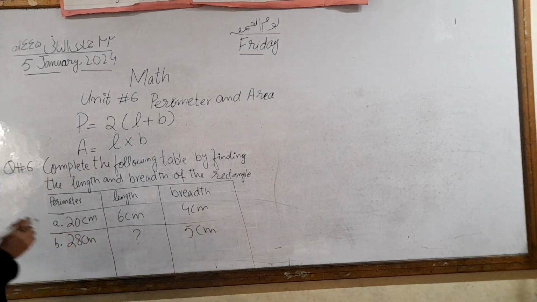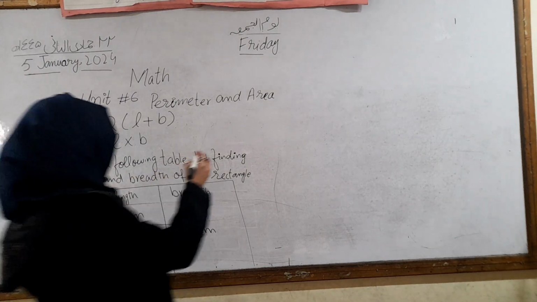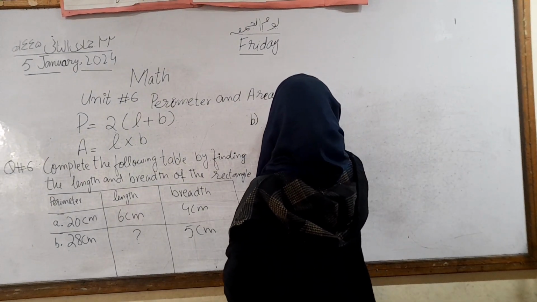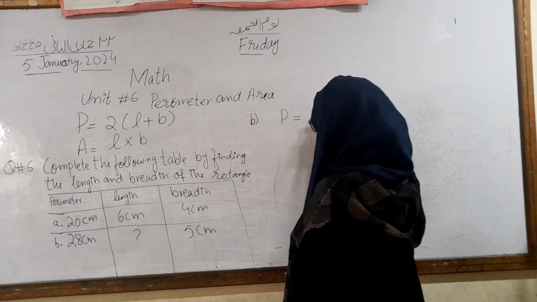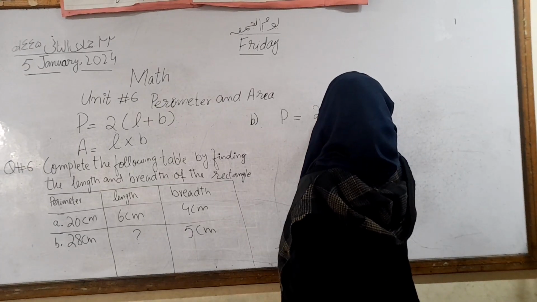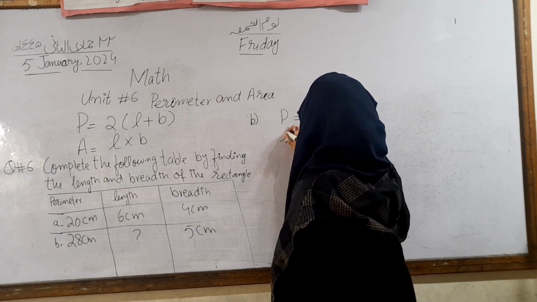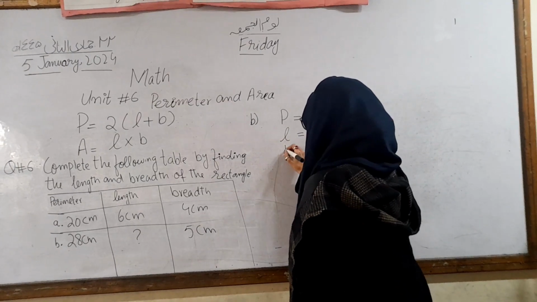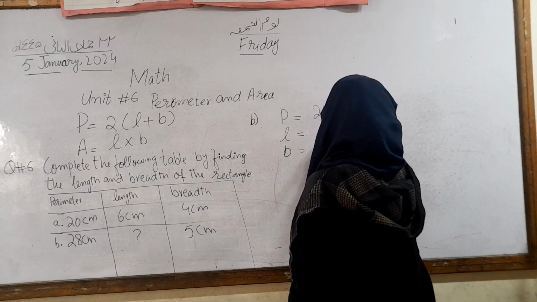You have to find the length. Similarly in the B part, P stands for perimeter, and perimeter is equal to 28 centimeter, L stands for length, and length we have to find, and breadth is equal to 5 centimeter.